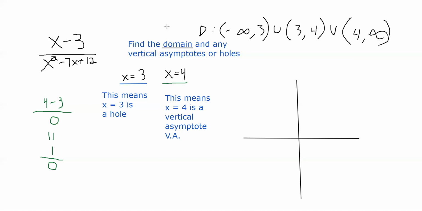So for now, let me take the reins on graphing here, and then I'll show you why some of it made sense. So we know that x equals 3 as a whole. We know that x equals 4, though, is indeed a vertical asymptote. So right here, when x is 4, we're going to have a vertical asymptote.